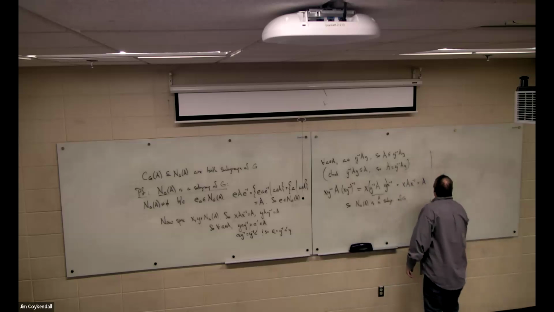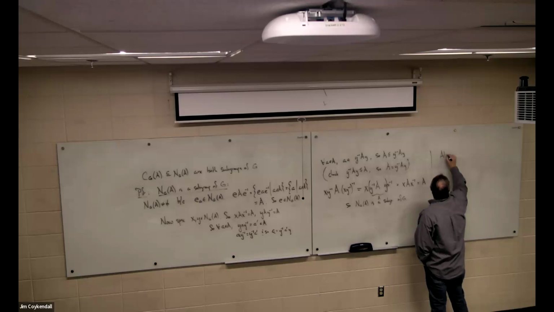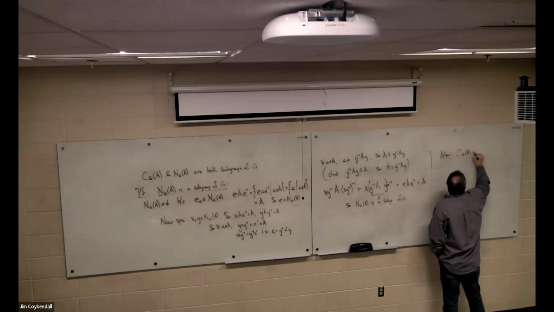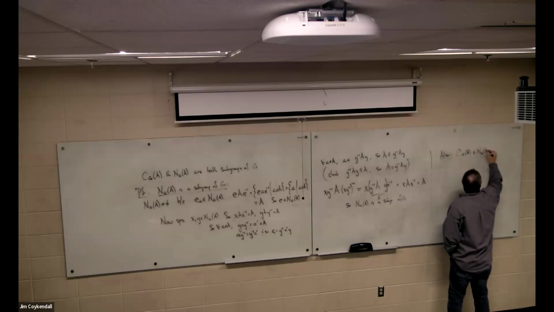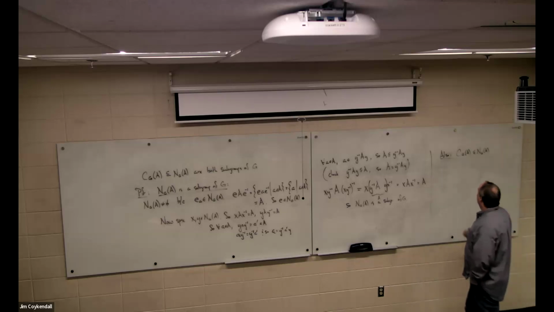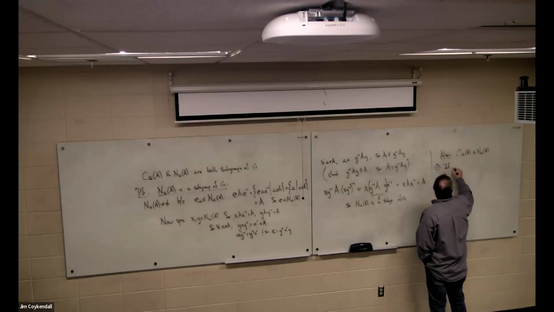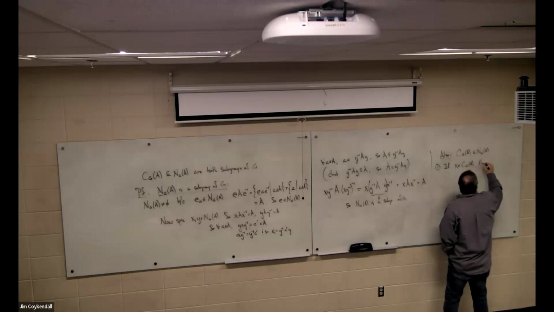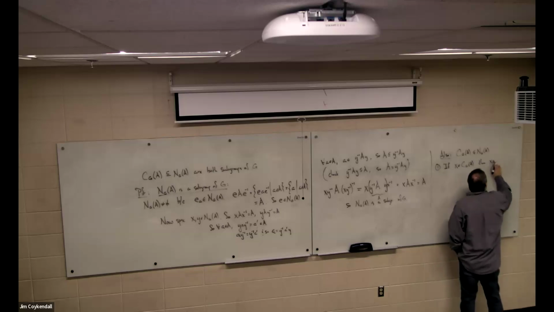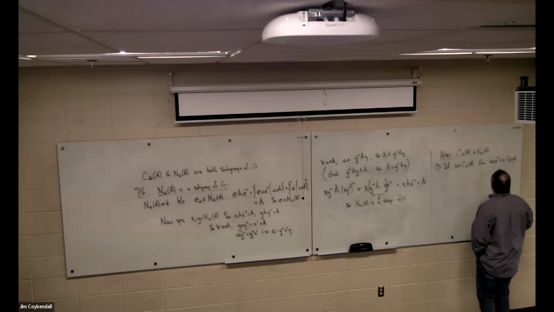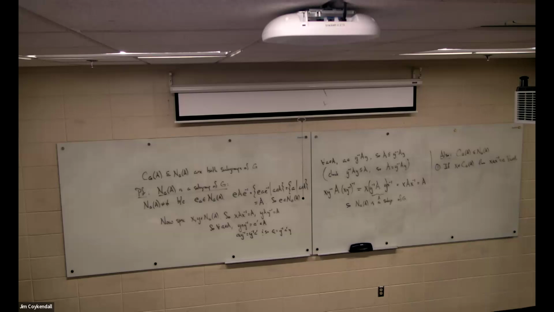Let me add the brief remark here that also the centralizer in G of A is a subgroup of the normalizer in G of A. One, if X is in the centralizer in G of A, then X A X inverse is A for all A in A. That's what it means to be in the centralizer.